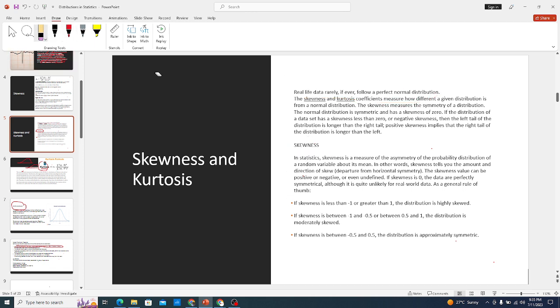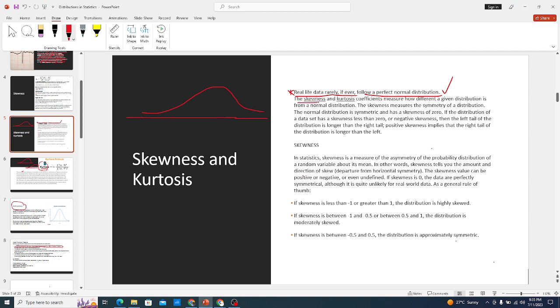Real life data rarely, if ever, follow a perfect normal distribution. It is rare for us to get data which follows a perfect normal distribution. Take note of that.